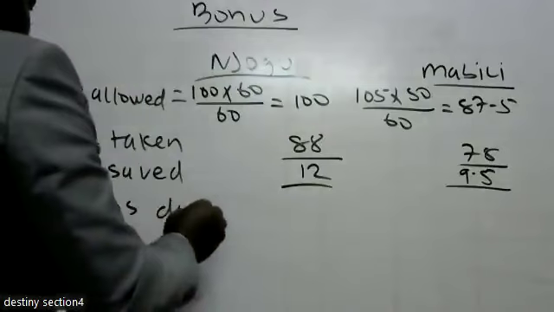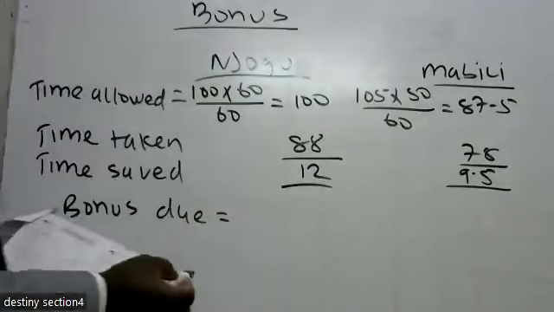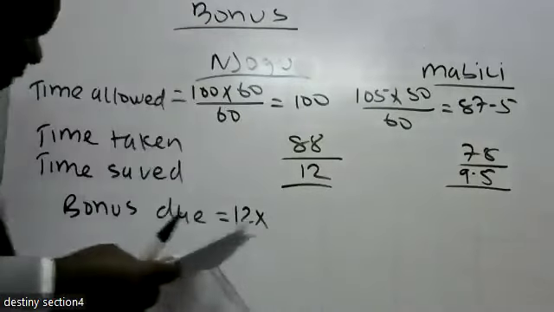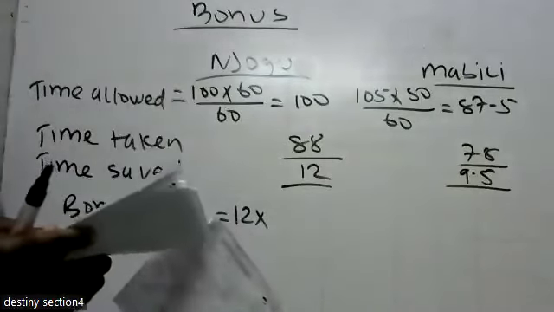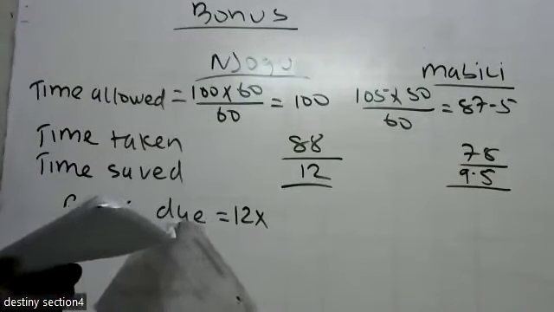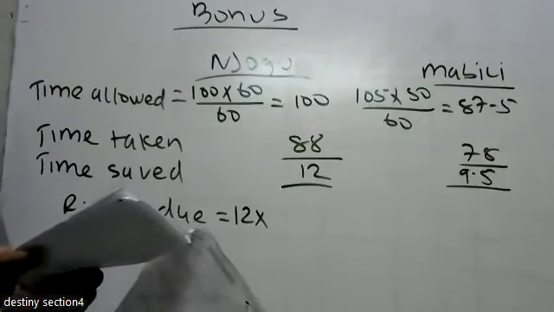The bonus here. Jogo will take 12 multiplied by. You see, they say in the note number 1, the basic wage rate was 360 per hour for both employees.